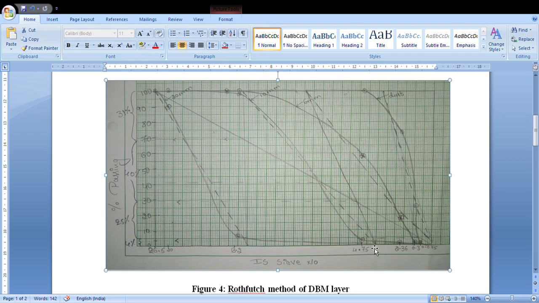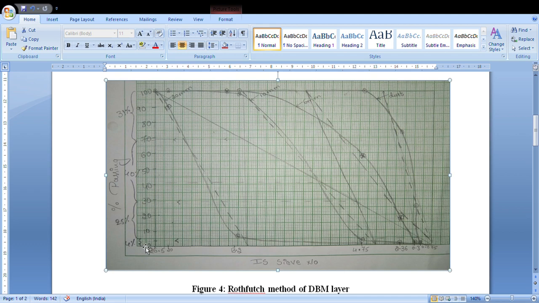Then similarly draw a line connecting the bottom of this balancing line to the top of the next balancing line. That will also cut at some point. Project it, and this will give you 40 percent. It means 40 percent of 10 mm needs to be mixed. In the same way, calculate for 6 mm it is 25 percent, and the remaining is 4 percent of dust.